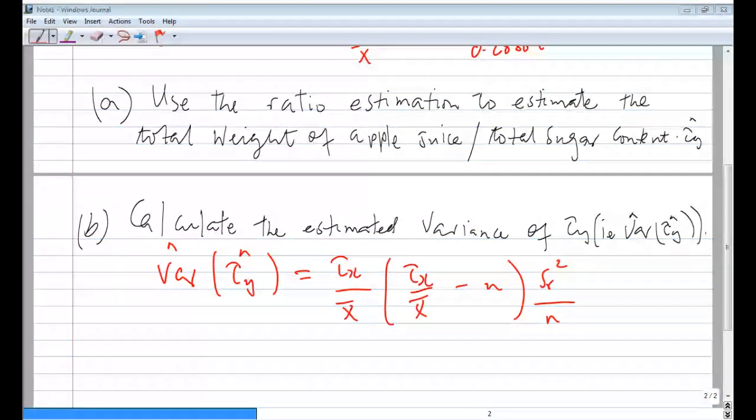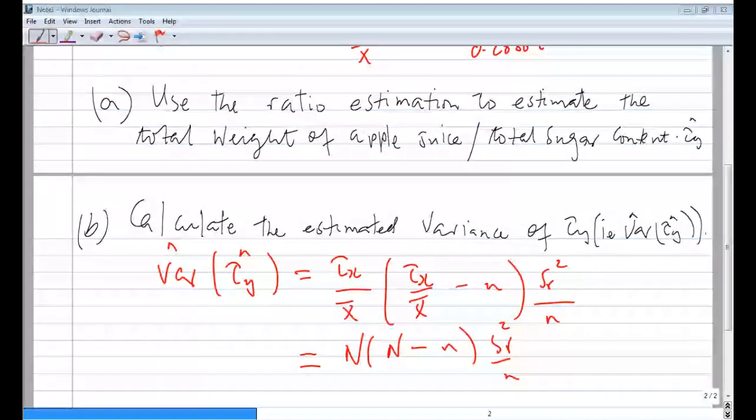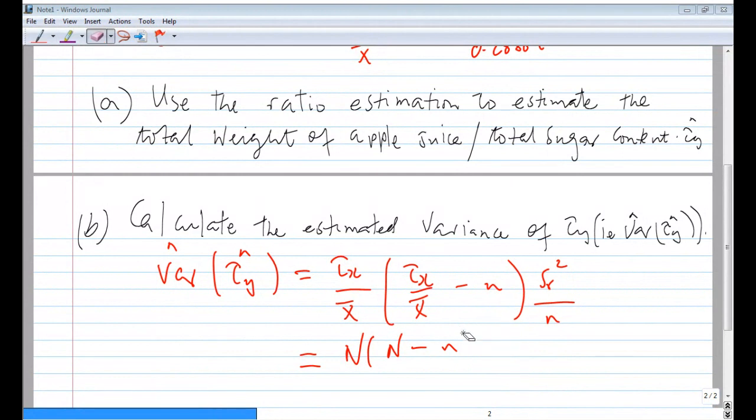Okay. So now, why did you use this formula? Why did you use tau x over x bar? Remember, we have this one as well. We are not given the population size. Yes, because they didn't give us the population size, so that is why we're using that one. So now let's substitute and get the answer.